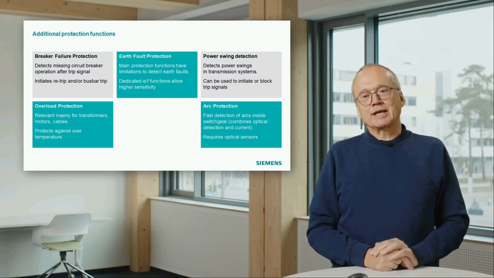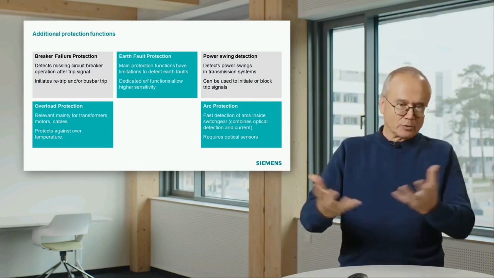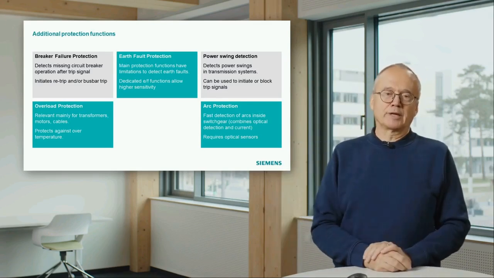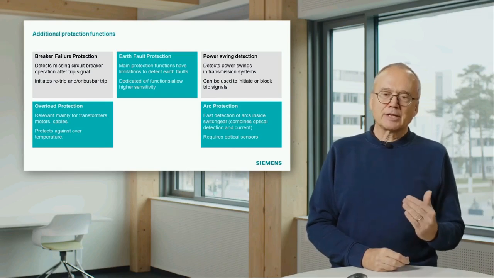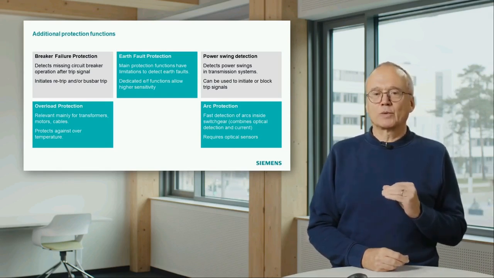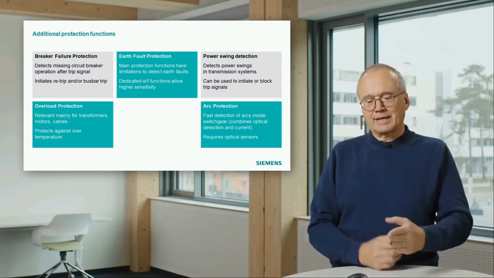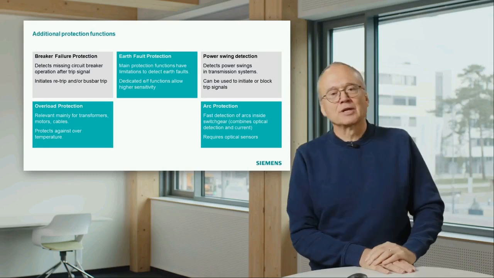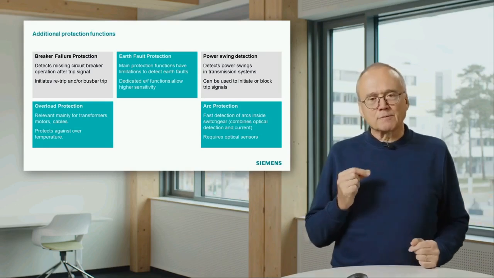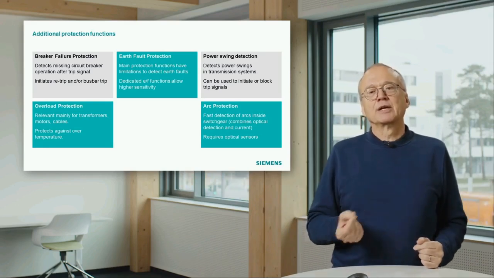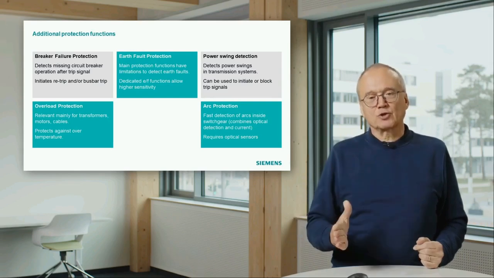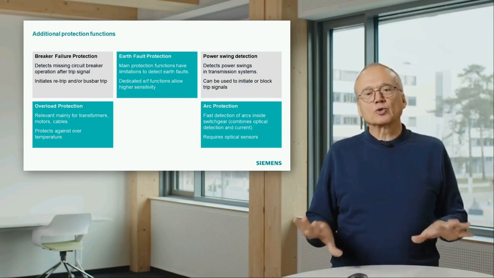Another application is, and you can imagine that requires intensive studies of the network, another application is if you detect such power swings that you cut the network at dedicated locations. That means you can also use this power swing detection function to trip the circuit breaker in order to stop these oscillations.